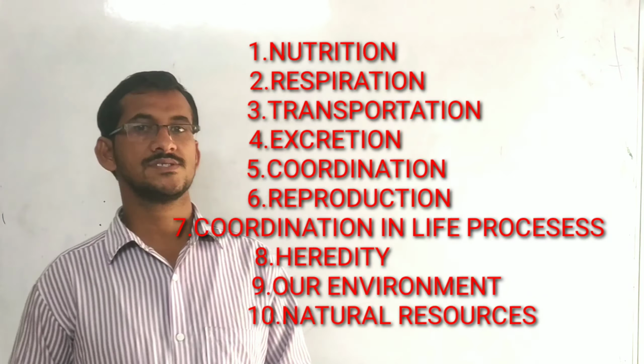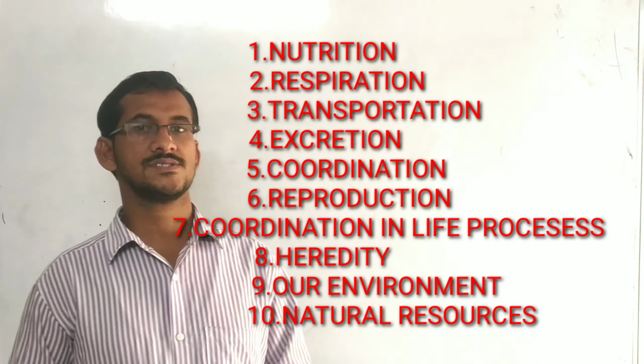Then the third one is, how can you prove that sunlight is necessary for photosynthesis, or black paper experiment. Fourth experiment is, how can you prove that oxygen is produced during photosynthesis, or hydrilla experiment. So these are the 4 experiments from the first chapter.